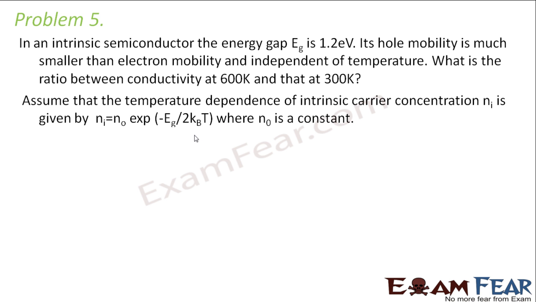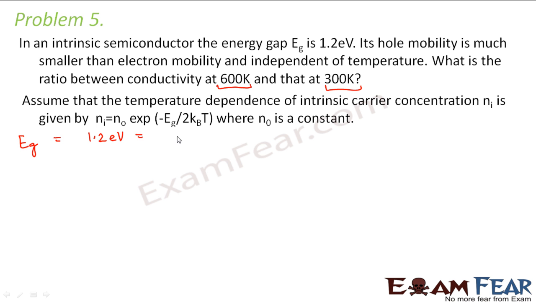So here the problem itself says that the intrinsic concentration varies with temperature by this relation. In that case, we have to find the ratio between conductivity at 600 Kelvin and conductivity at 300 Kelvin. So what is the energy gap?